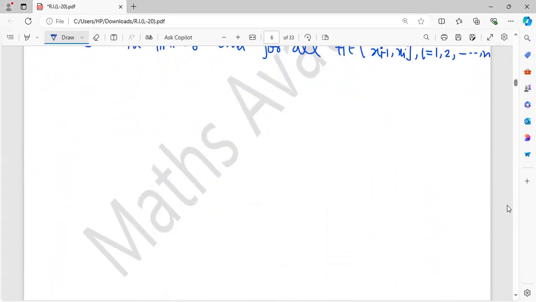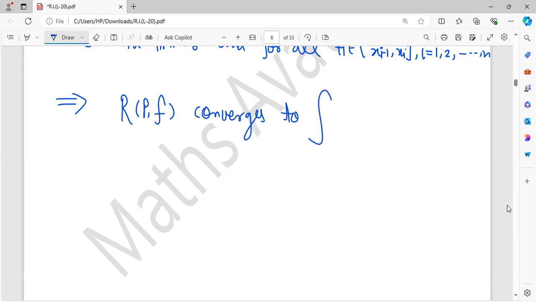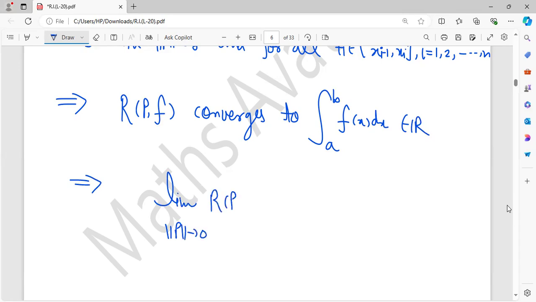It means that R(P,f) converges to the integral from a to b of f(x) dx, which belongs to R. So the limit as norm of P tends to 0 of R(P,f) is equal to the integral from a to b of f(x) dx.